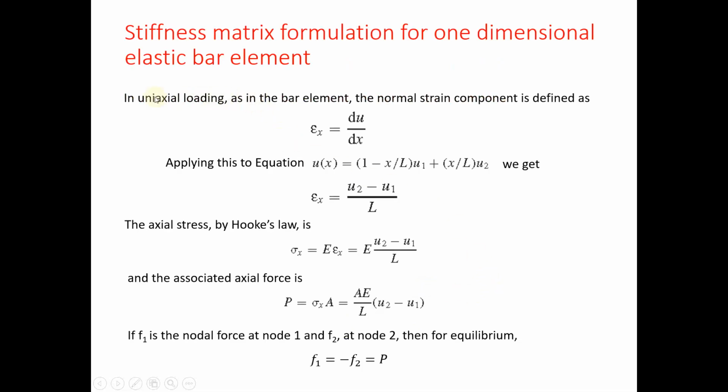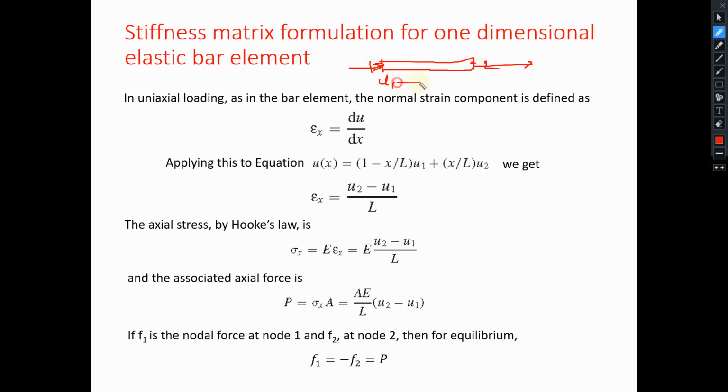Now we are considering the uniaxial loading condition, that is loading happening in one axis or along one direction. Suppose this is the bar element and these are the two nodes 1 and 2, and the movement is happening like this.